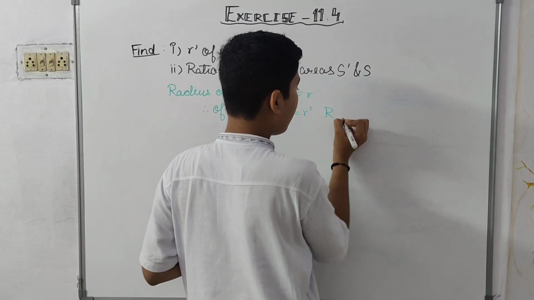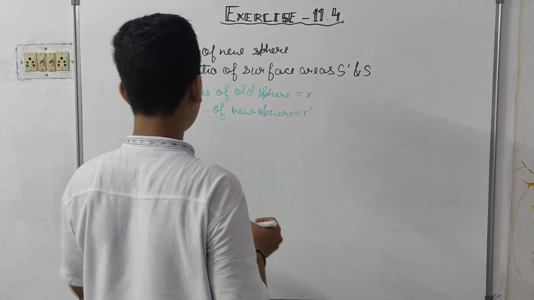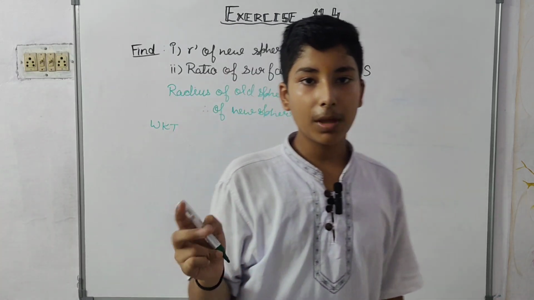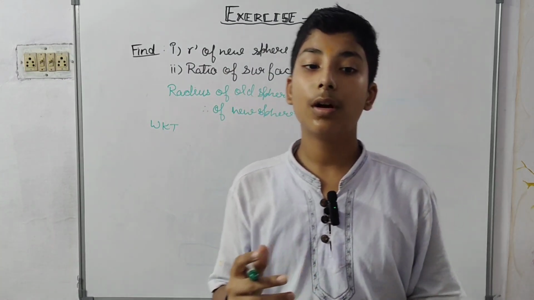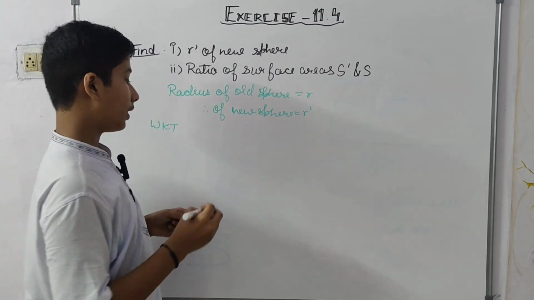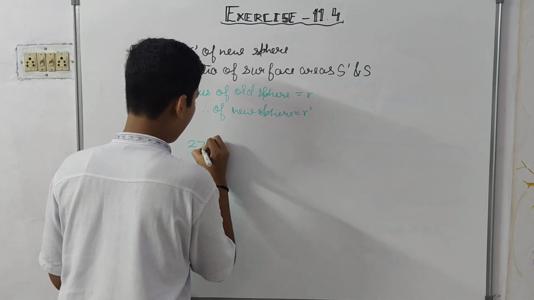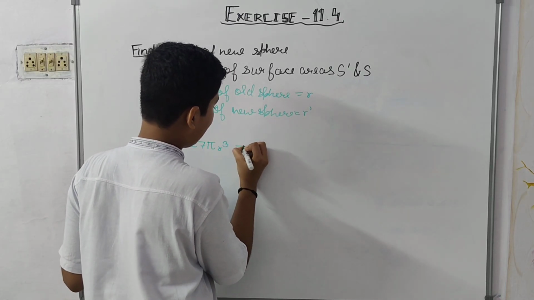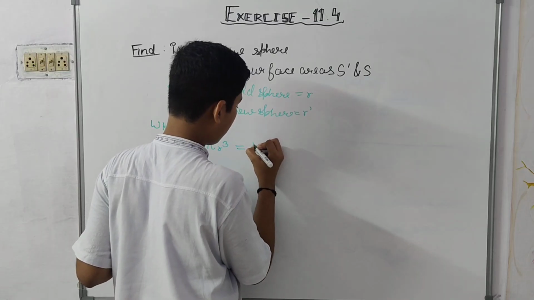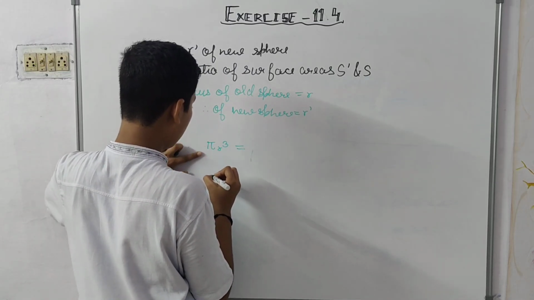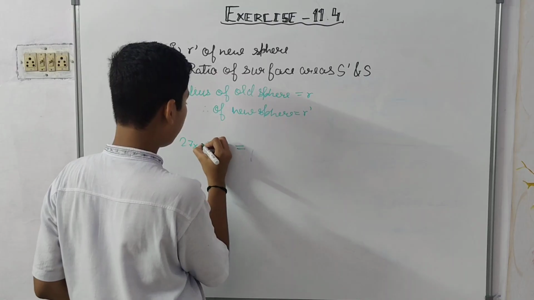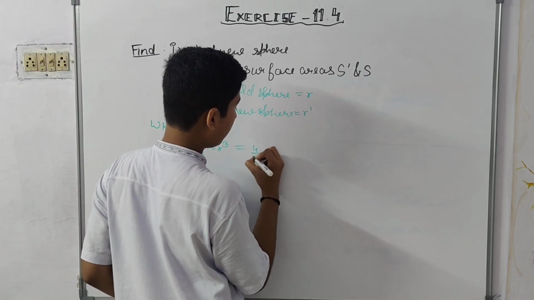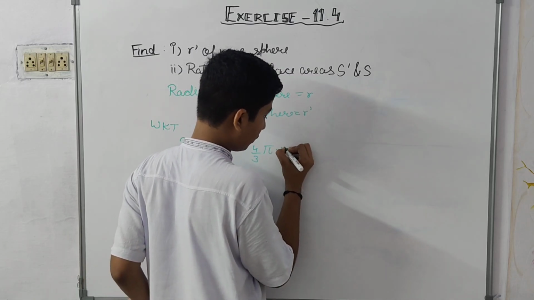Now we know that when 27 spheres are melted and one sphere is formed, the volume will be the same. So 27 into 4 by 3 pi r cube equals 4 by 3 pi R dash cube.